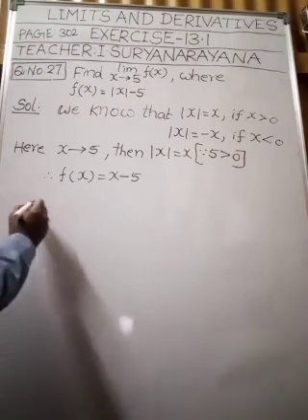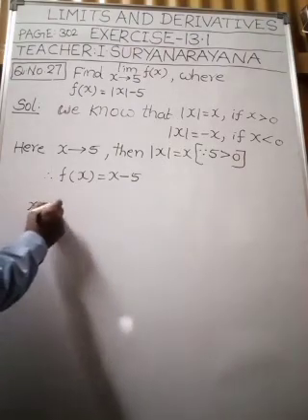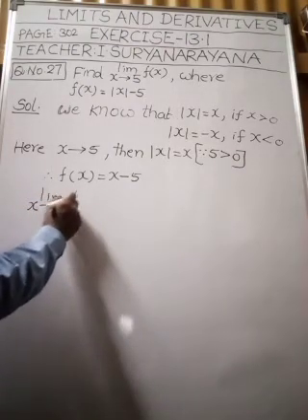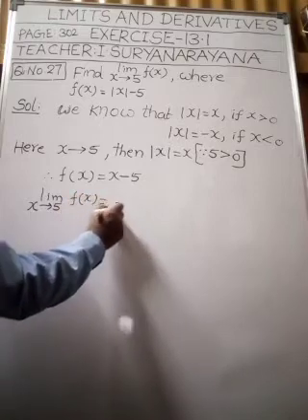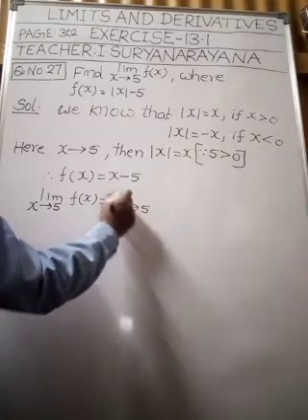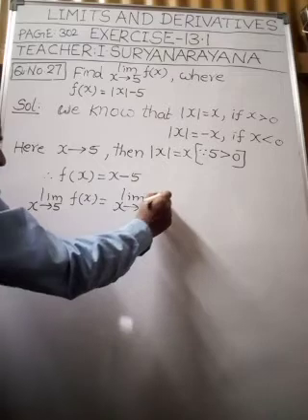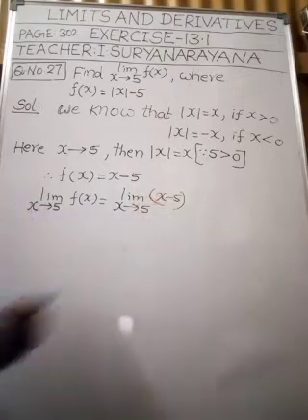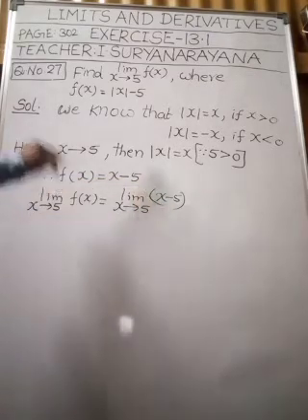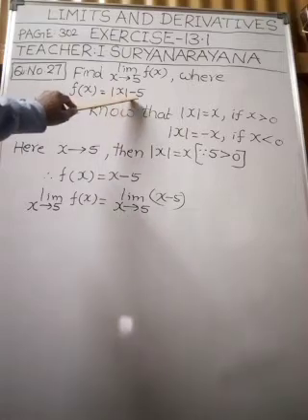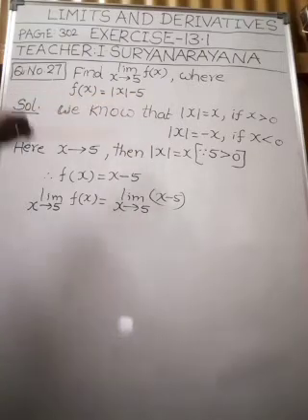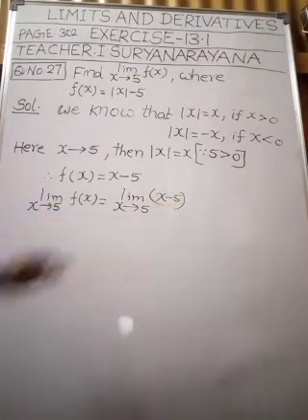Now let us find the limit. As x tends to 5, limit of f of x is equal to, as x tends to 5, limit of, now what is f of x? x minus 5 only, not modulus of x minus 5. Understood this point? Now use the substitution method.